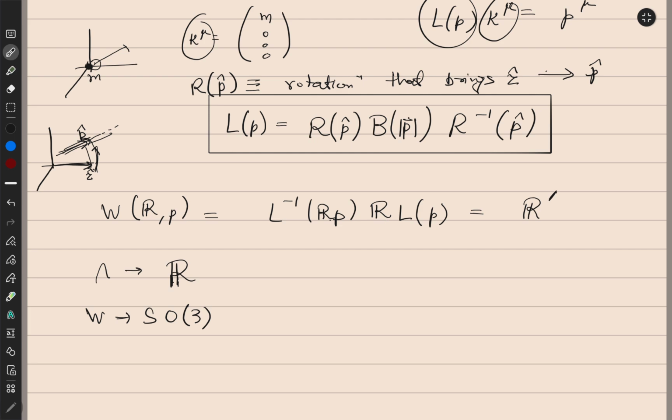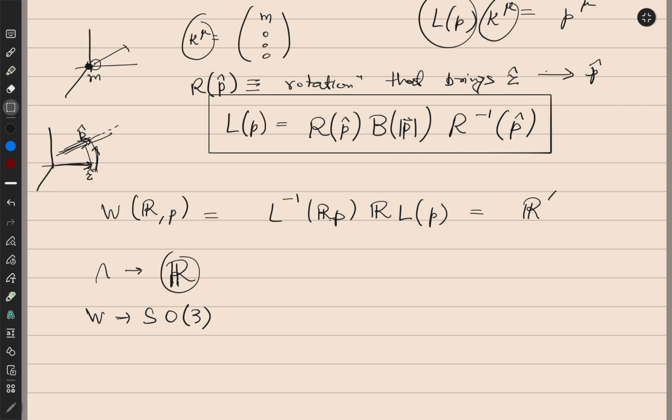Then you did some rotation R, a subset of the Lorentz transformations. And then you did again a Lorentz transformation, the inverse of it, of the following kind, which rotates the RP vector. So the whole combination would be such that the end product would be some rotation, but you don't know if it's going to be the same R or not. So that's why I'm calling it R prime.